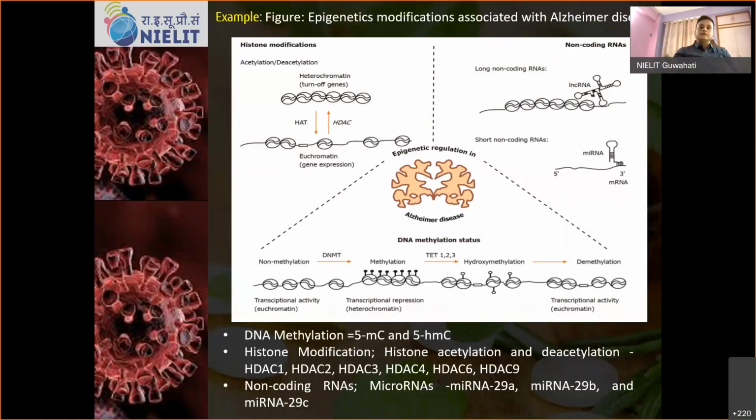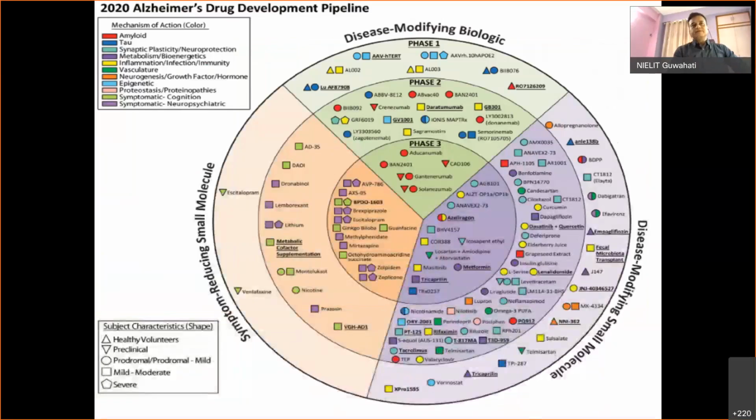Here we can try to identify compounds from the active compounds of plants that have been traditionally used against neurodegenerative diseases and neurological disorders by our grandparents, by different tribes. So that knowledge we can gather, we can do GCMS, LCMS of the compounds. So this is about Alzheimer's drug development.